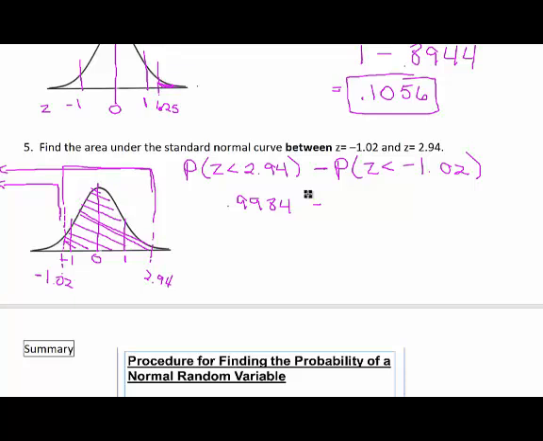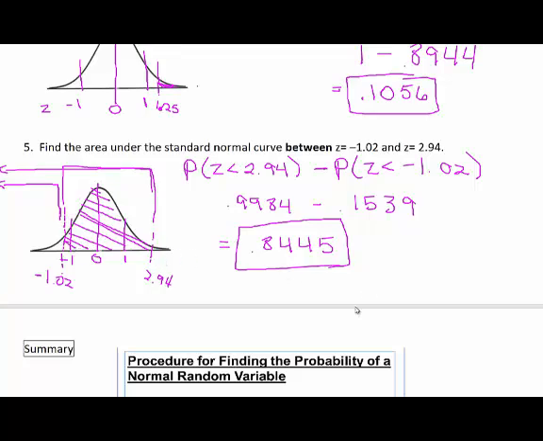I got 0.1539. And so that is 0.8445. So you got about an 84.4 or 84.5% chance of falling in between these two boundaries.